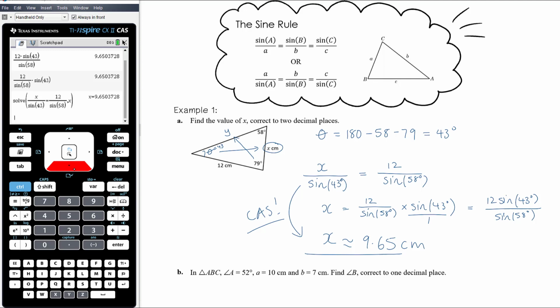For example, if you found x was equal to 1.65, I'd be thinking, it doesn't really make sense given the information that I've got in the triangle. And I want to be clear, it's not about me looking at the triangle and saying that side length looks like it has to be more than 1.65 centimetres. It's about the information in that triangle telling me that that length has to be more than 1.65. So we never assume that the triangle is drawn to scale. It's about using the information.